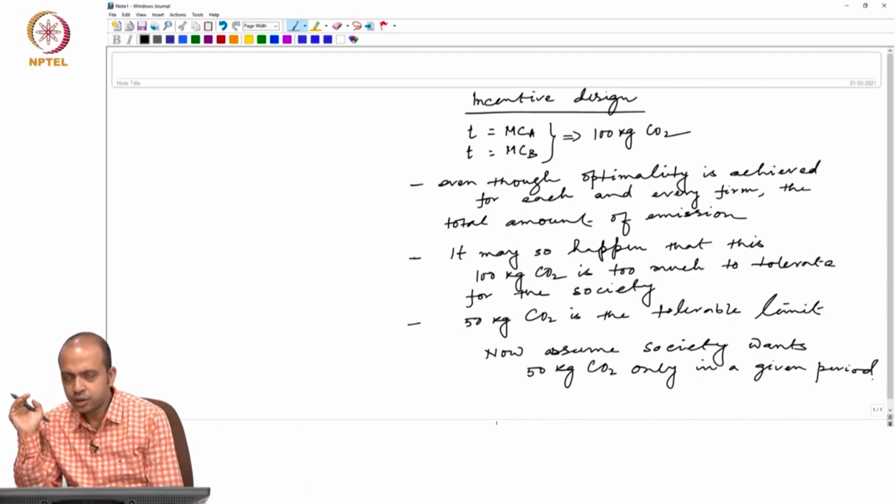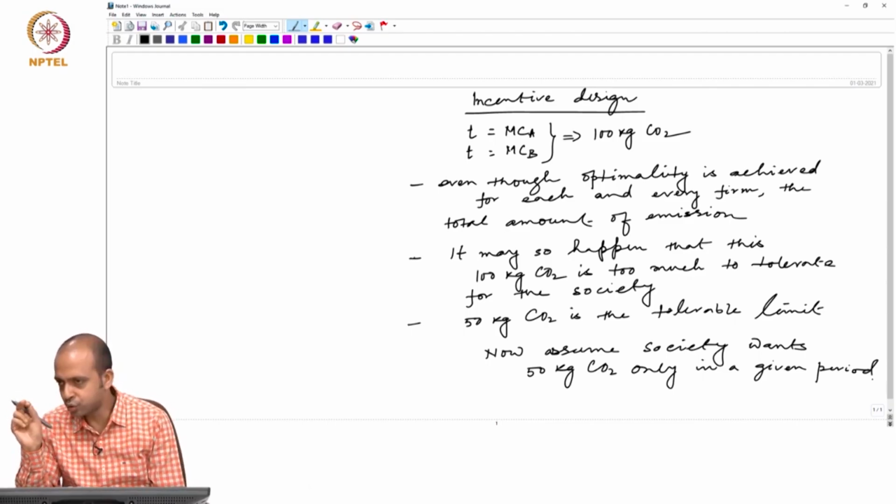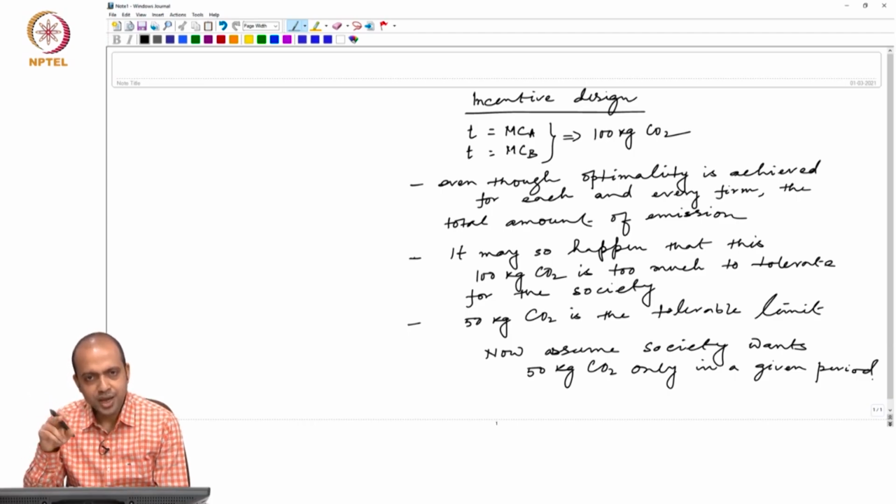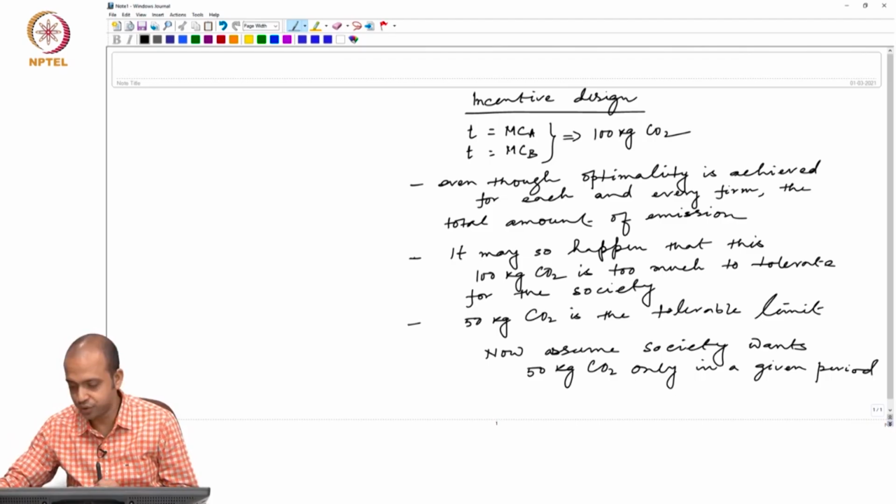When the tolerable limit or the total amount of pollution is fixed to start with, pollution charges or emission tax is not effective in that context, right. So, environmental economists have designed another mechanism to achieve this objective. What is that? That is what we are going to discuss today.